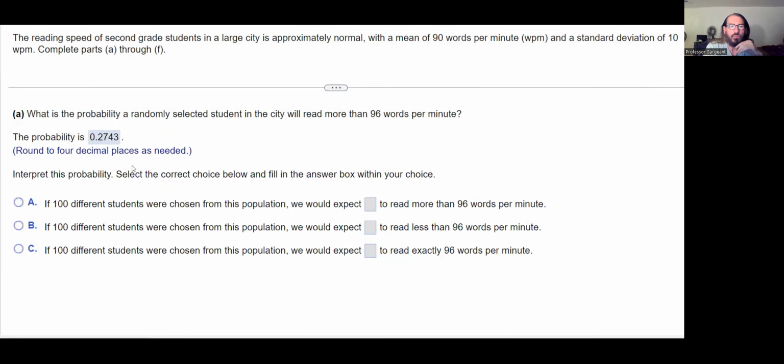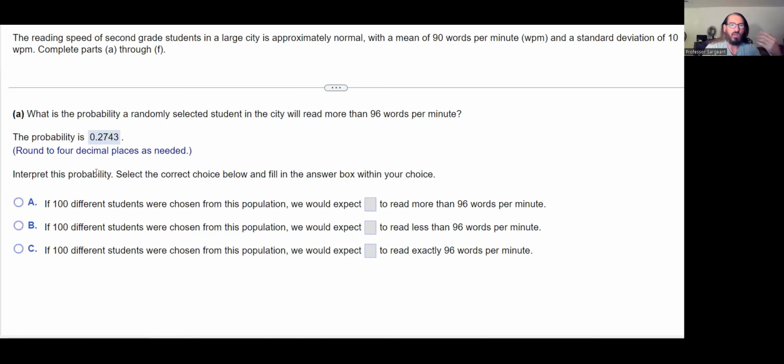If 100 students were chosen, then by comparing this theoretical or classical approach to probability, and think about comparing that to an empirical probability, a relative frequency, I would expect dividing the number of students by 100 would give me about 0.2743.